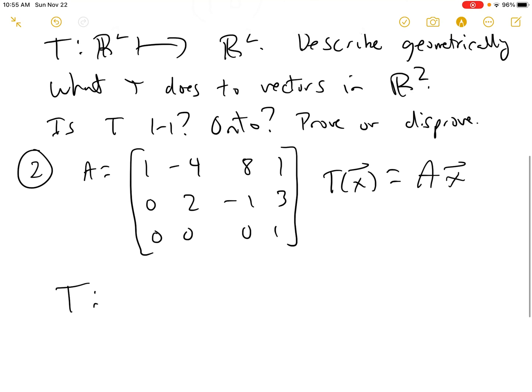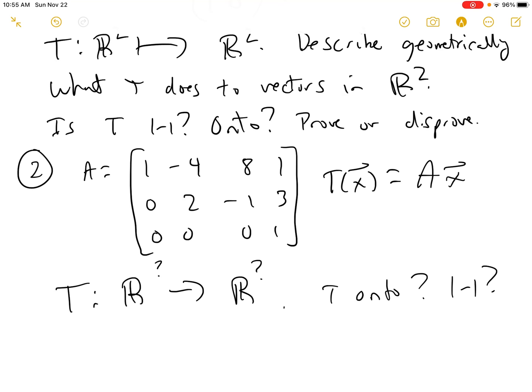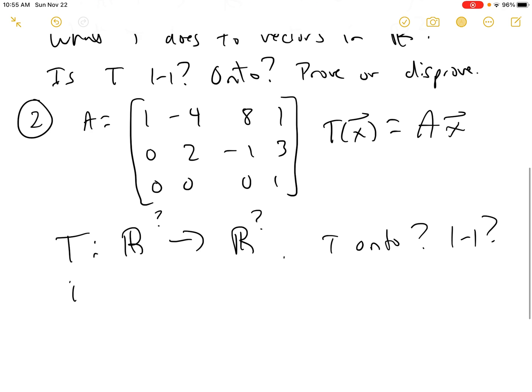And question 1: T takes R what to R what? And then is T onto? Is it one-to-one? Prove or disprove. That was question 2.